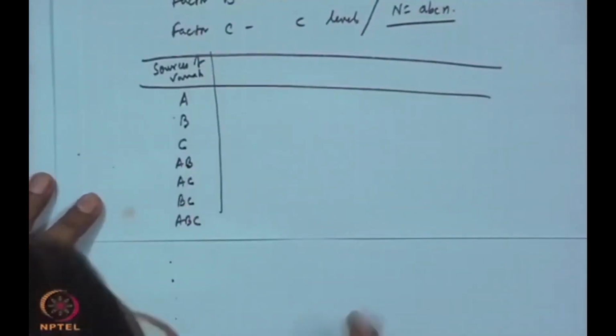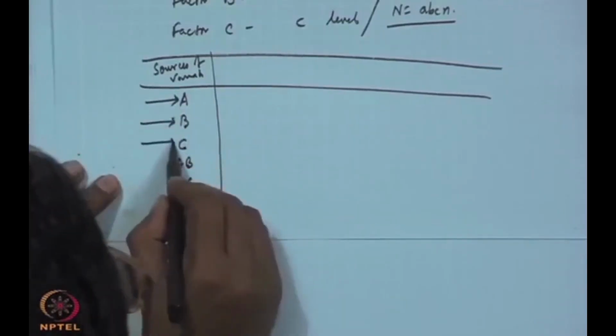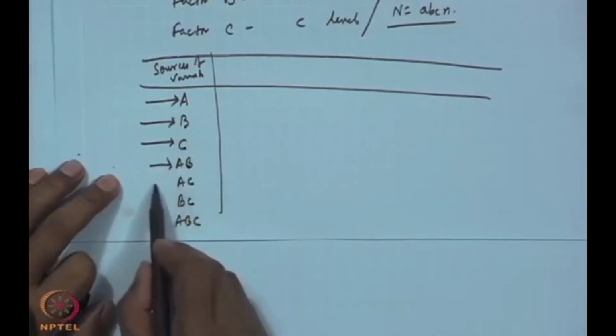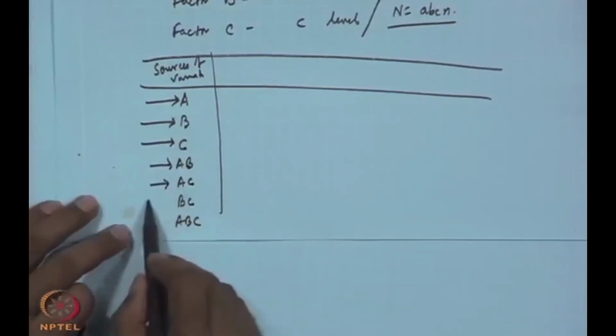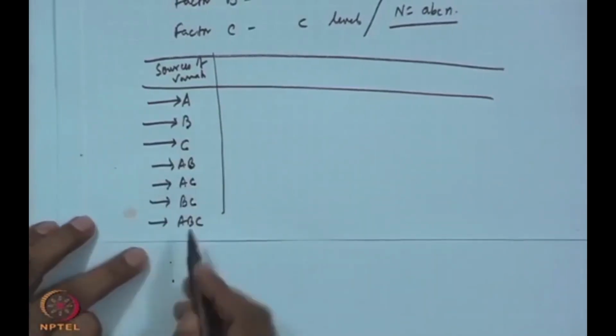Correct? First is A, second is B, third is C. AB may interact, AC may interact, BC may interact and all three may interact, plus error.